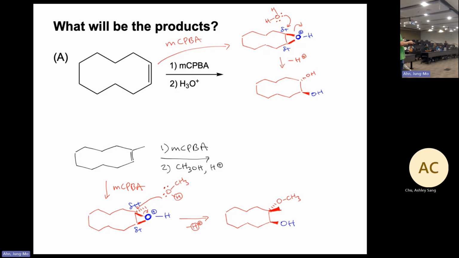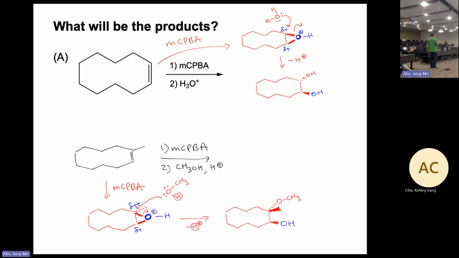This is a backside attack. The epoxide is on the top of the screen, so the alcohol has to attack from behind the screen, anti-addition. So it goes on the more substituted side, anti to the hydroxyl group coming from the epoxide. So they're going to be trans.